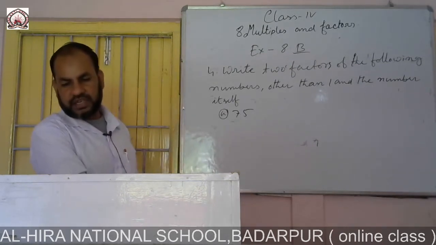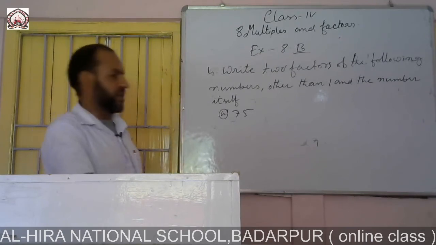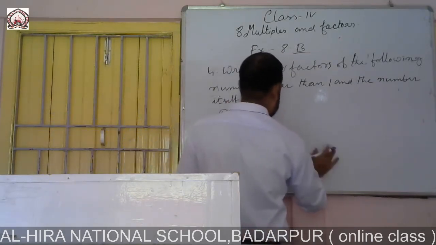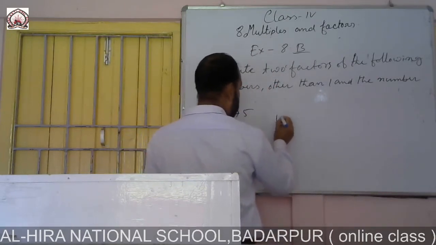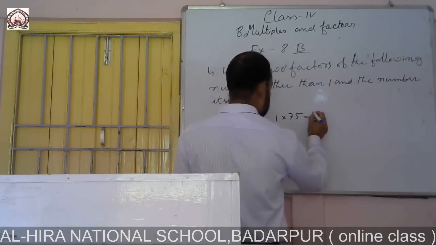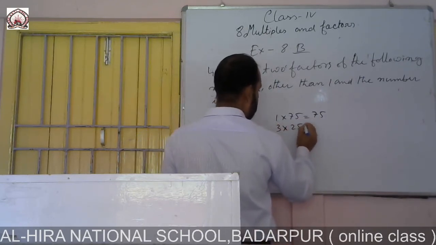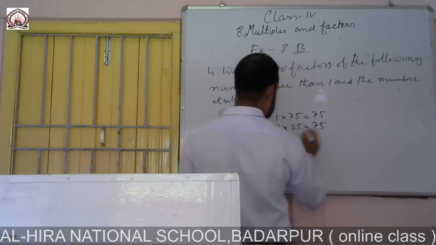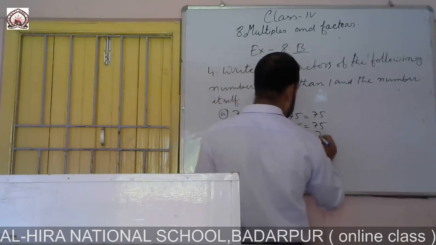First we see the pairs of numbers which give the product of 75. 1 into 75 equal to 75. Next 3 into 25 equal to 75. Next 5 into 15 is equal to 75.